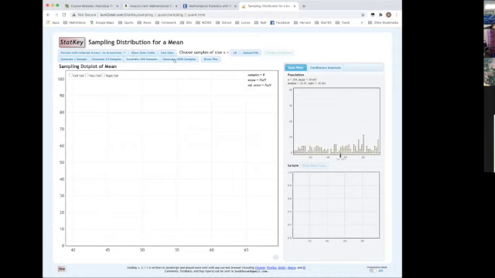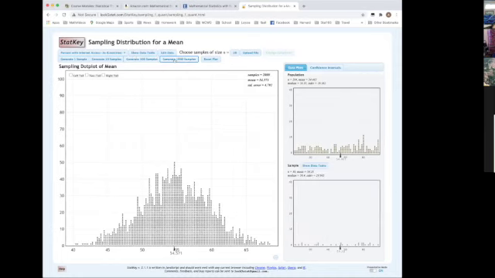And I'm going to generate 2,000 samples again. Now each of these dots consists of 30 different countries as opposed to 10. The shape is still normal. It's still centered at essentially the same place, the population mean, but now our standard error has changed quite a bit. It's gotten quite a bit smaller.